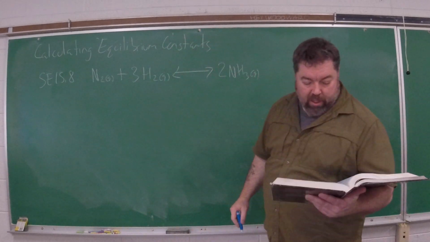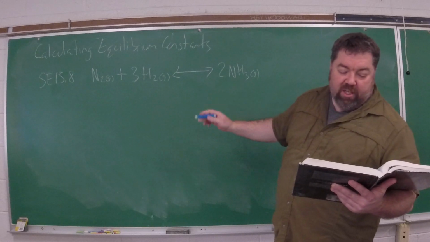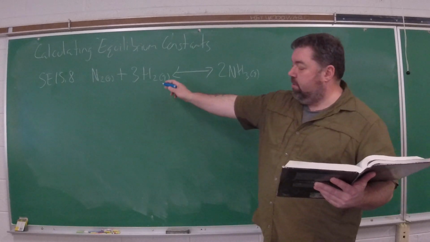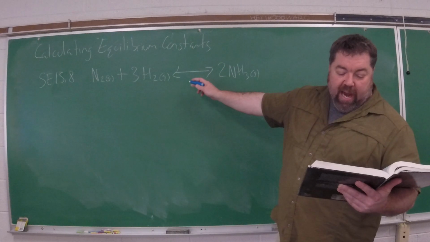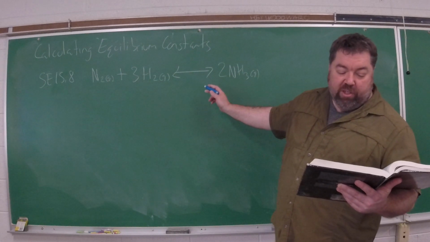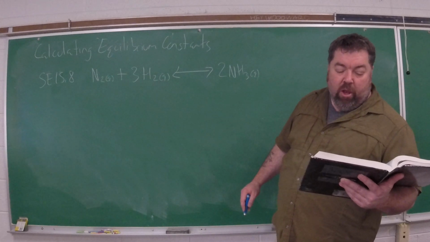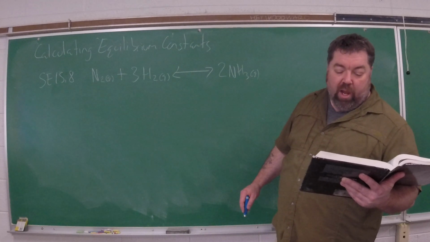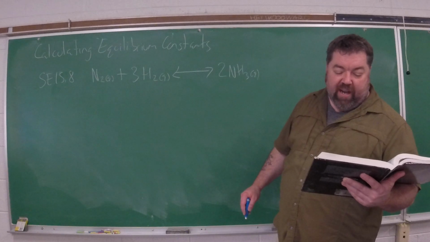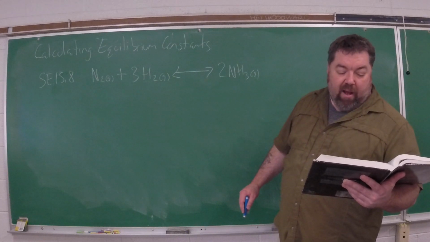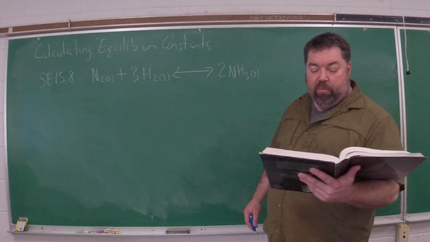Now, our book says after a mixture of hydrogen and nitrogen gases in a reaction vessel is allowed to attain equilibrium at 472 degrees Celsius, it is found to contain 7.38 atmospheres of H2, 2.46 atmospheres of N2, and 0.166 atmospheres of NH3. From these data, calculate the equilibrium constant Kp for the reaction.